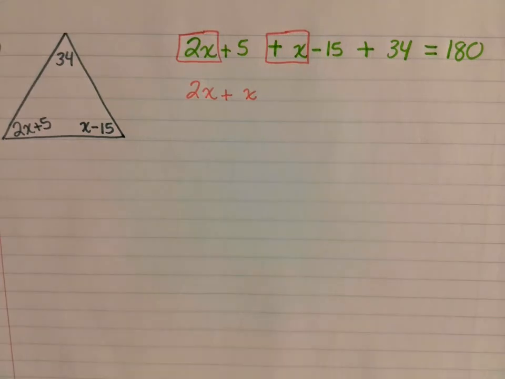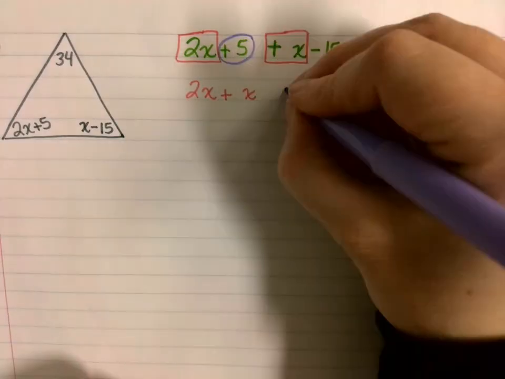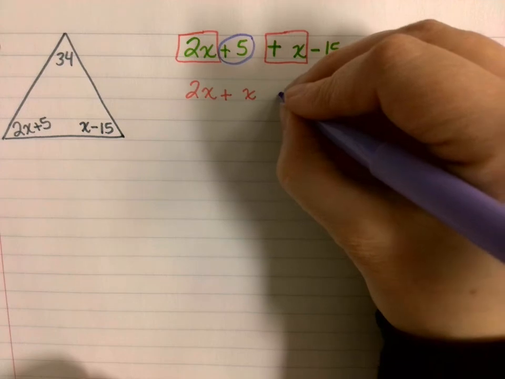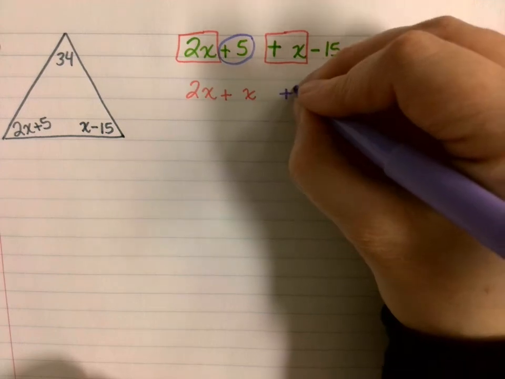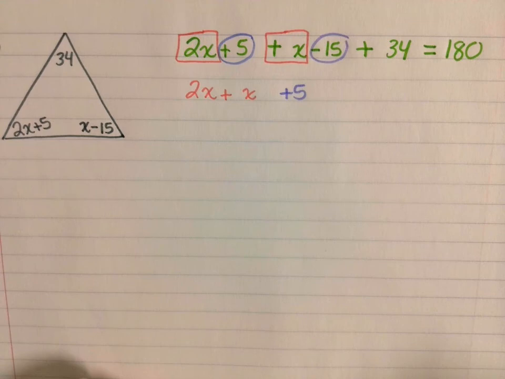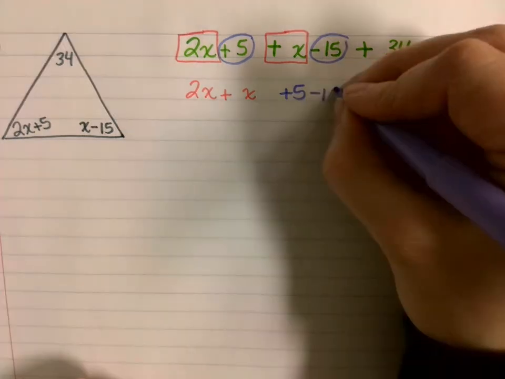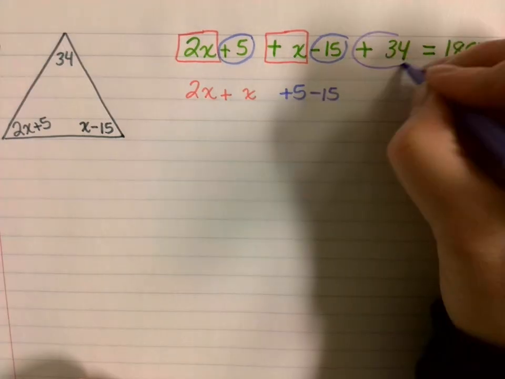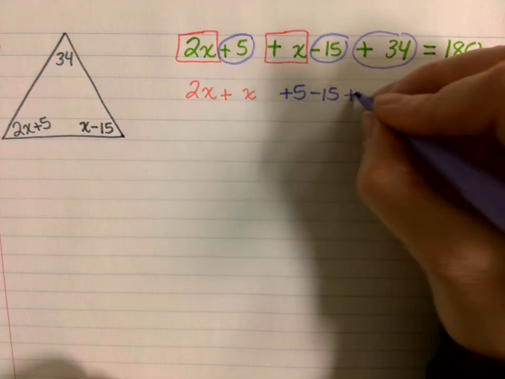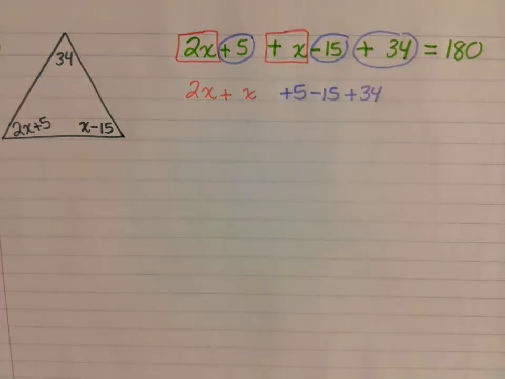Then I also have my numerical like terms: a positive 5, a minus 15, and a plus 34. I'm just rewriting so that my like terms are side by side. It makes it easier when I have to combine them.